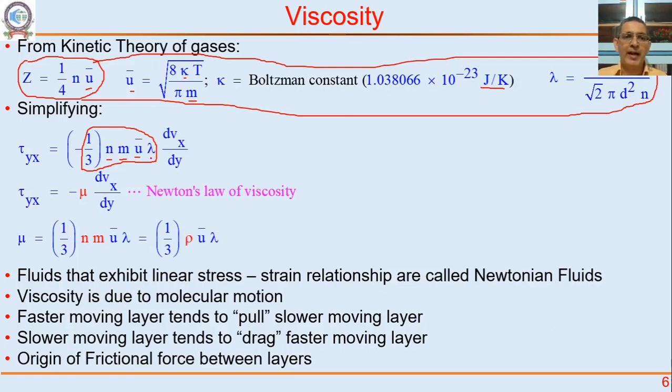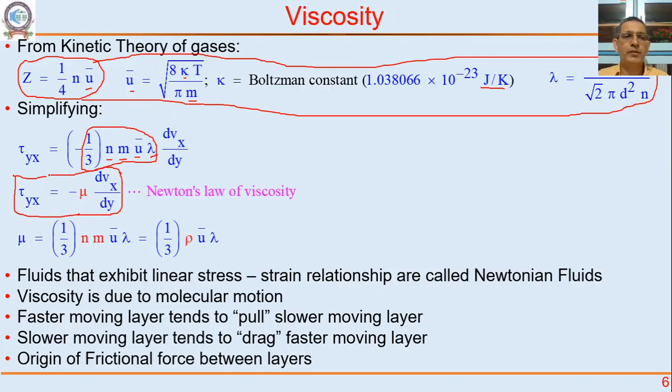And lambda, the mean free path, again depends on the number of molecules per unit volume. So I can write this tau ix as some constant accounting for all of this multiplied by dvx by dy. This you might have studied at some point as Newton's law of viscosity.